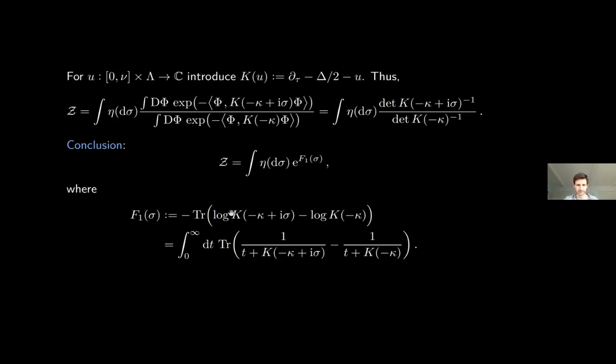Here it is. And then it's very convenient to use an integral representation of the logarithm. This is a calculus exercise. So this f1, in other words, is an integral over t going from 0 to infinity of resolvents of this operator K.